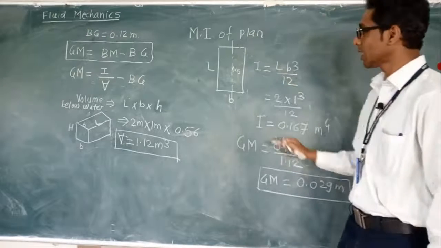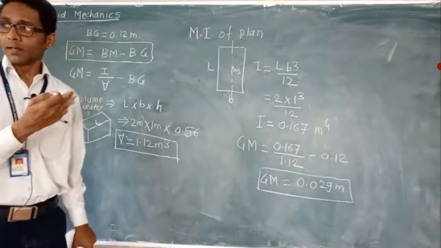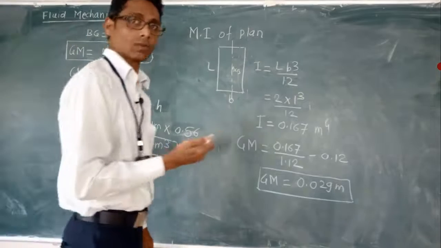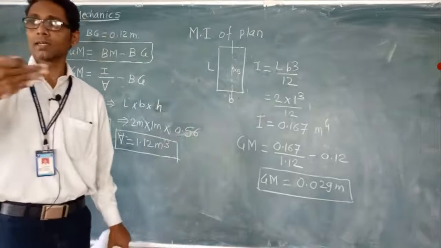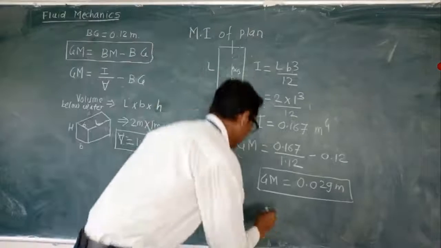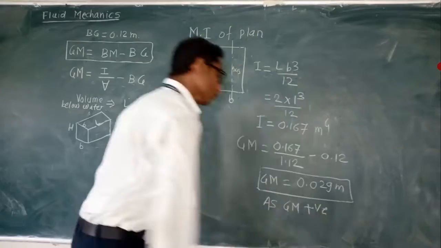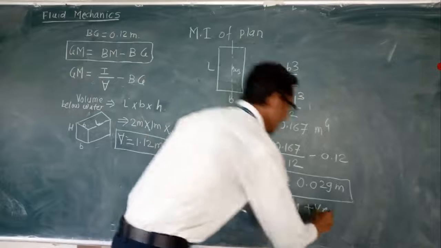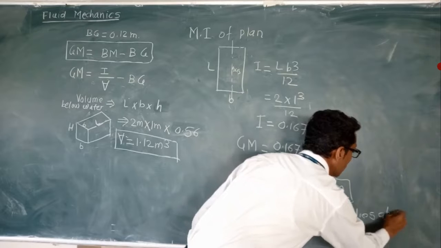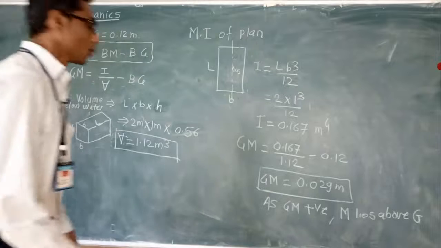Now when this answer comes positive, we say the metacentric height GM is positive. In that case the metacenter lies above the center of gravity, and then we say the body is in stable equilibrium. We will see the conditions in detail in the theory after this numerical. So currently, as the metacentric height GM is a positive value, the metacenter lies above G, so the body is stable.